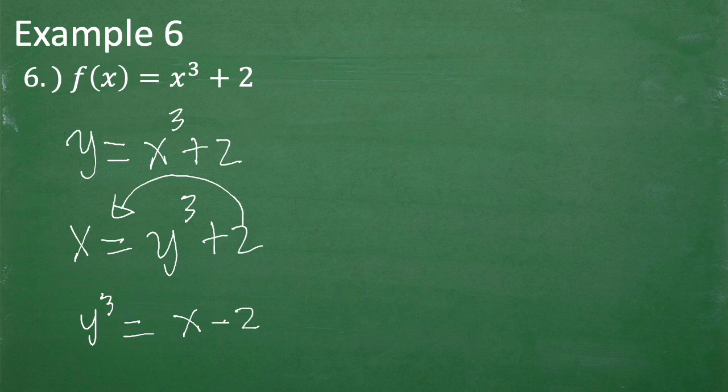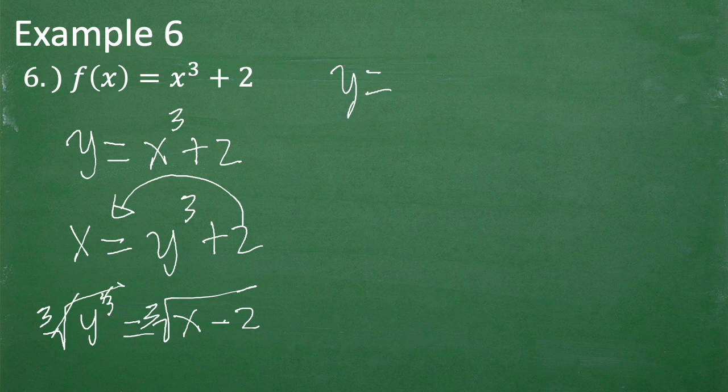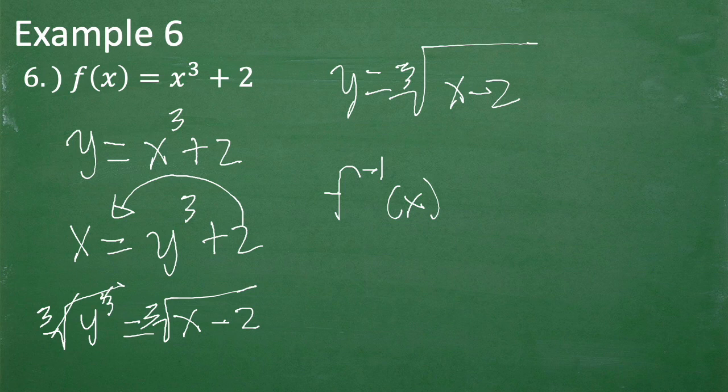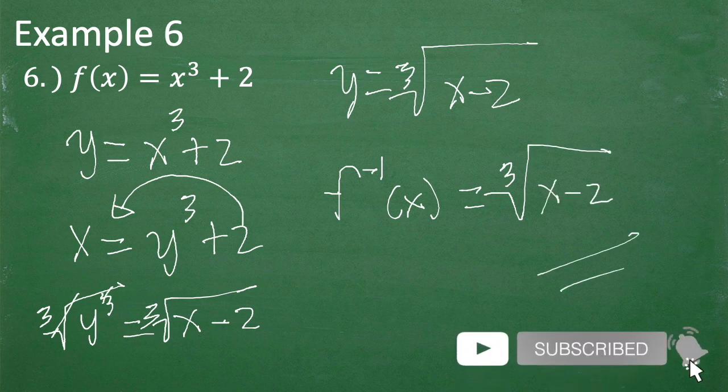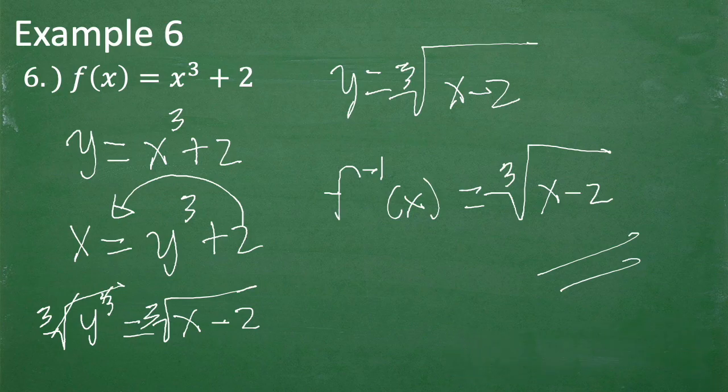And then to remove the exponent of y, we simply take the cube root of each side. So y is equal to the cube root of x minus 2. And since we have a new y, that would become our inverse function. The f inverse of x is equal to the cube root of x minus 2. And this is our final answer for our last example.